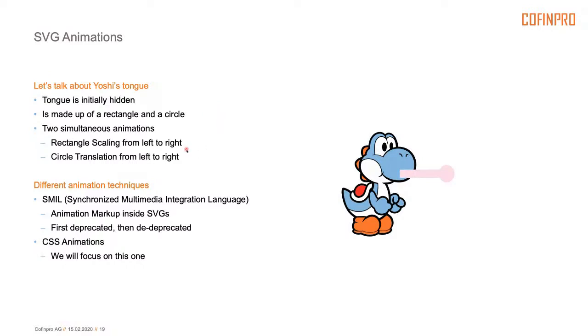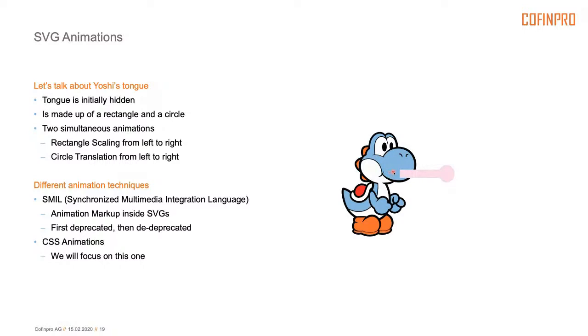We have to scale this respective rectangle from left to right, and have the circle move with it. And then from a layering perspective, we just have to keep those shapes behind Yoshi's head in the initial state. Which is very simple actually in theory.